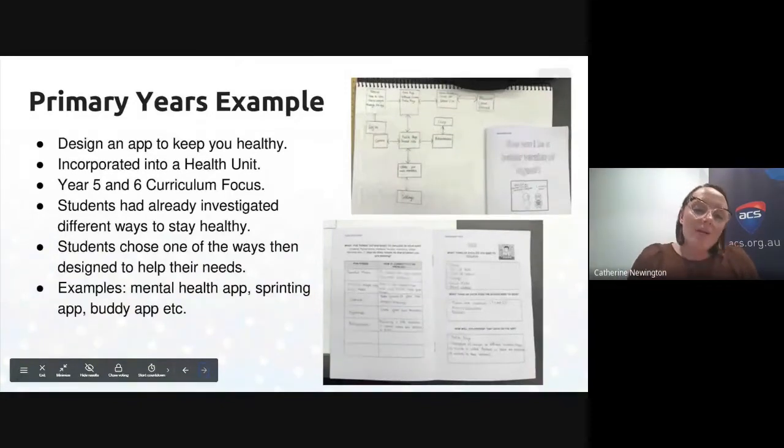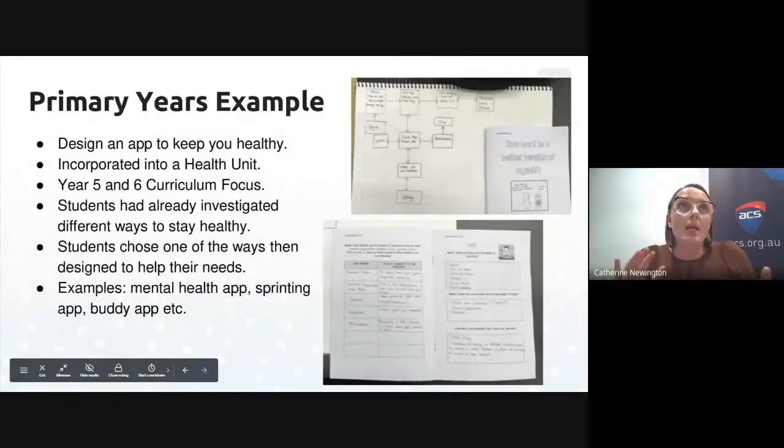And what I love about design thinking, and I'm just so passionate about this part, is that as soon as you bring this in, you start to have student-driven projects. So the challenge in the project that we gave them was just create an app of how you can stay healthy. It didn't really matter what was in it, but all the students took the same process, the design process, to get to an end product.